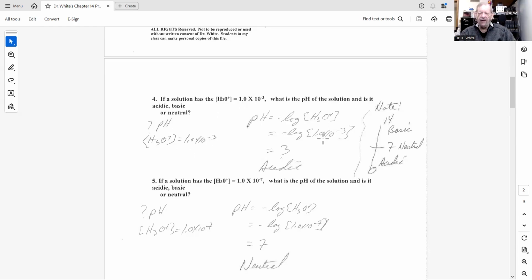When it's 1.0 times 10 to the minus x, the pH is x. In this case, x is 3. And notice I have here the scale 0, 7, 14. 7 is neutral, below 7 is acidic, above 7 is basic. Well, 3 is less than 7. So this is an acidic solution.